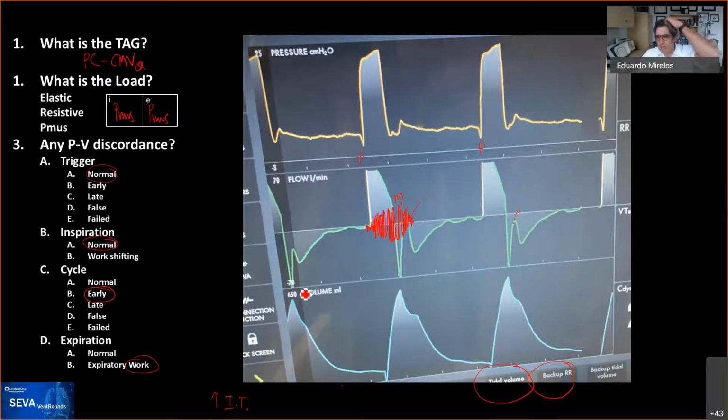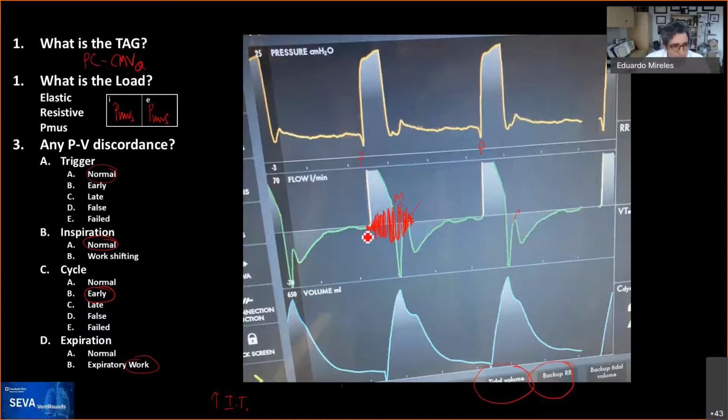And so it's the same inspiratory effort. Does that make sense? So it's a longer effort. That's why this is early cycle rather than a failed trigger. Although a failed trigger may look the same, in this case we have evidence that there was effort all throughout the inspiratory cycle.